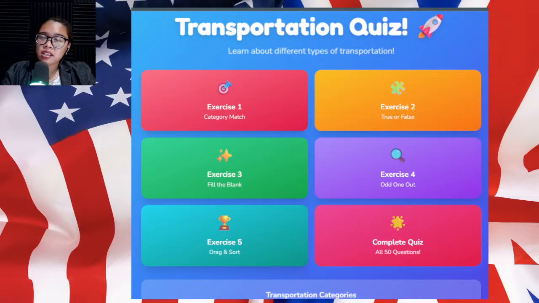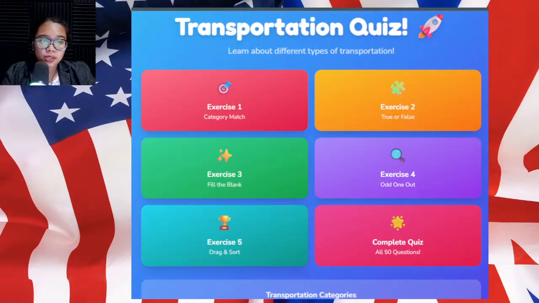As far as I can remember, aside from transportation vehicles, we also did vocabulary about people, and food, and many more topics.